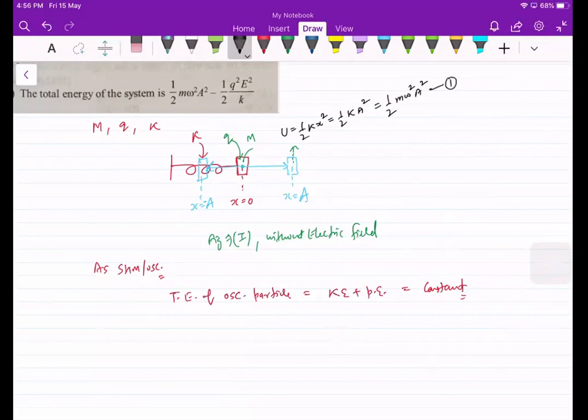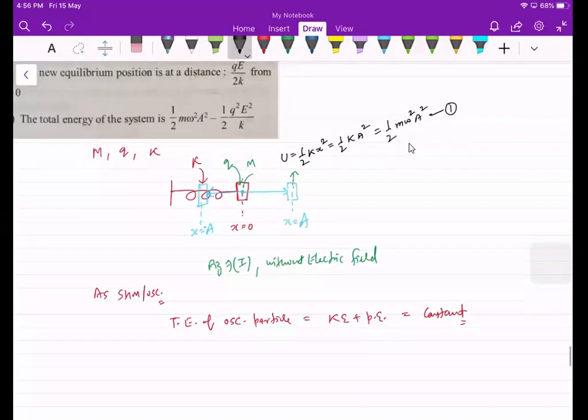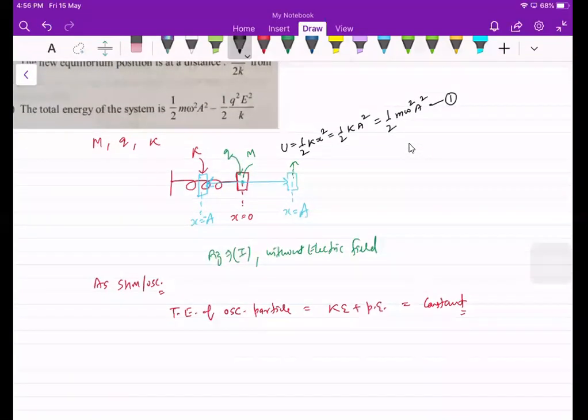If you are not aware of this value of k, then go for your theory part in the chapter. Okay, students. So now in this scenario, for the total energy, remember at this location, where we are using the maximum amplitude situation, the kinetic energy will be 0.